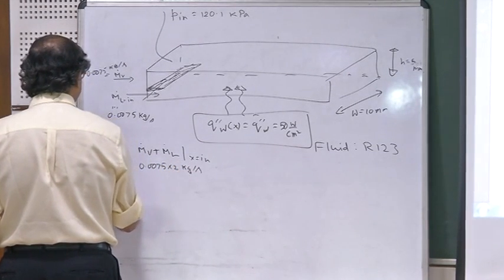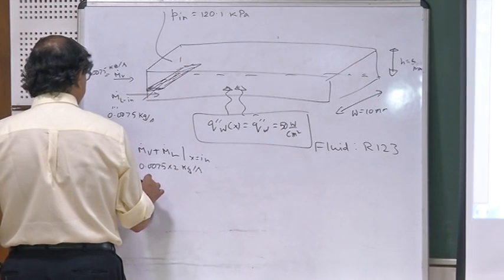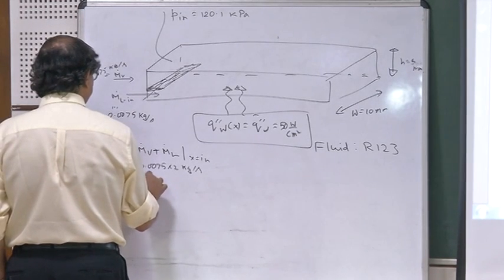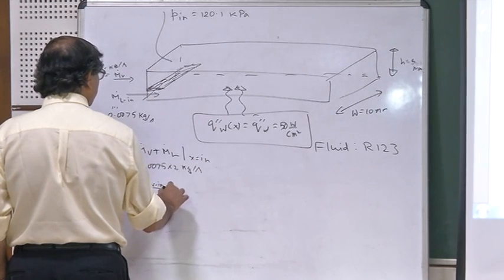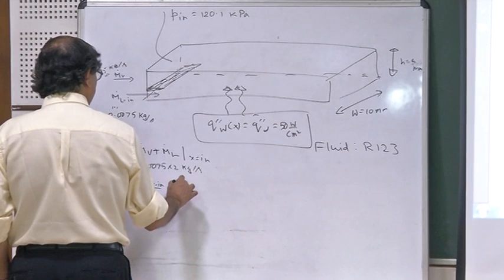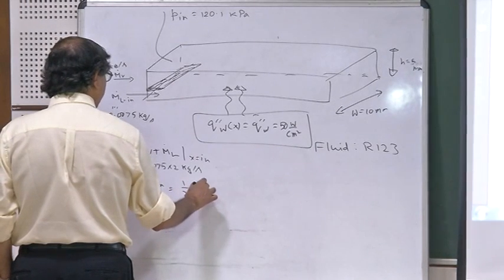So X inlet is equal to m dot vapor at inlet by m dot total, which is half, equal to 0.5.